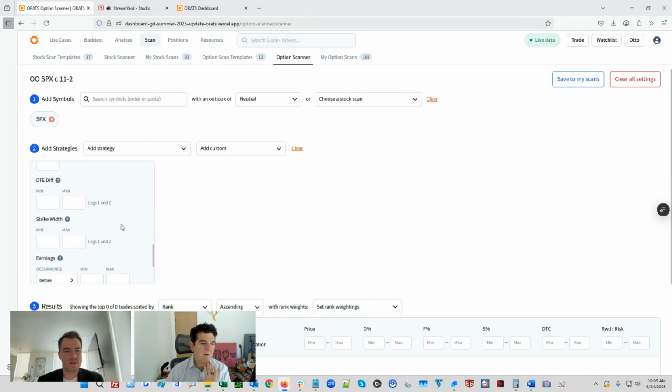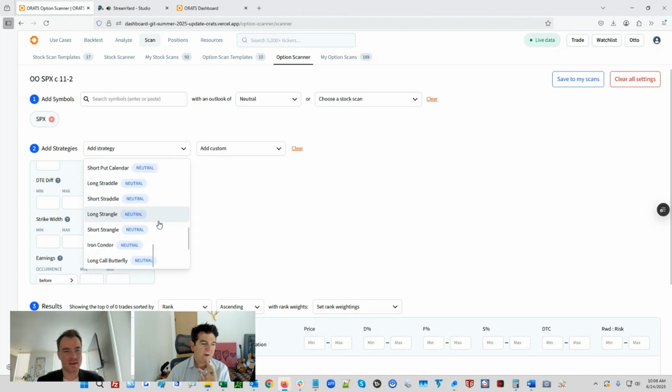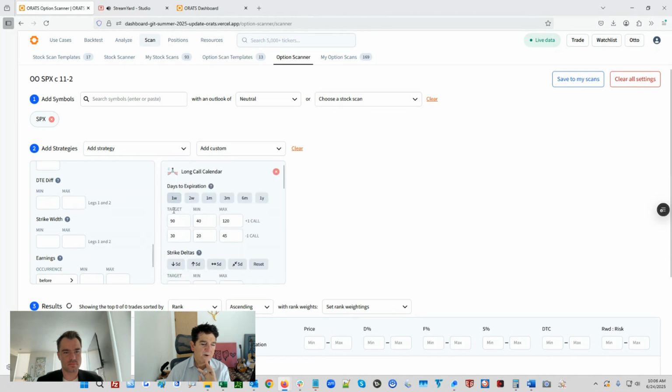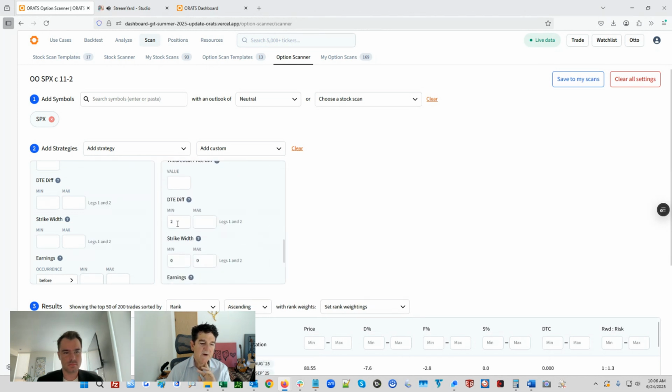So maybe can you pull up a calendar strategy there to see what it fills it in as? Yeah. So here's a long call calendar, and then if we go down, we see that there's a minimum width. So the first leg minus the second leg.